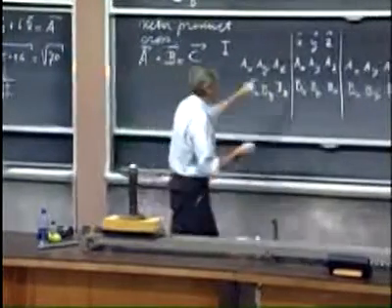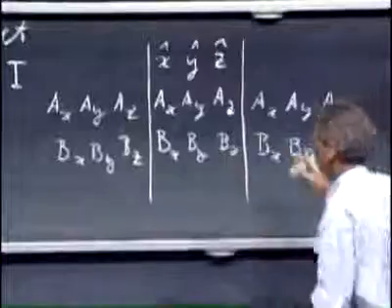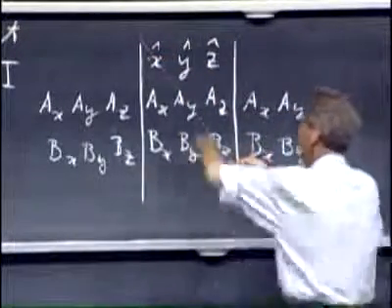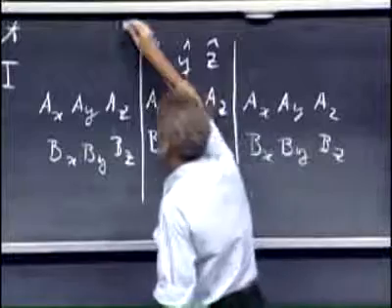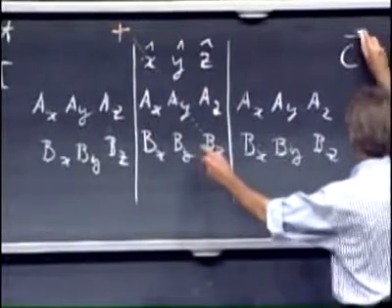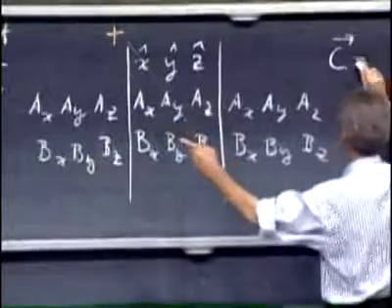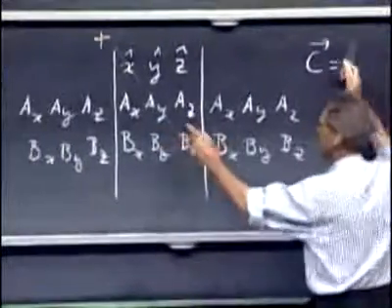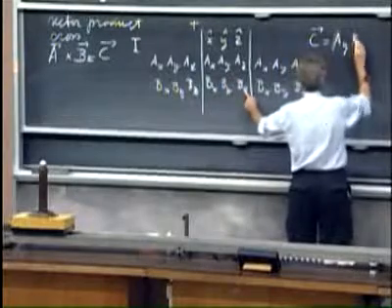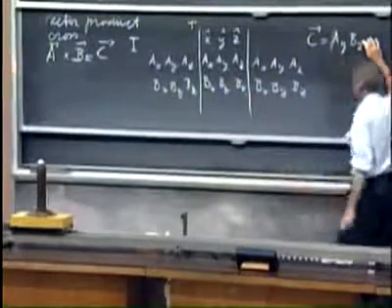You go from the upper left-hand corner in this direction. You multiply all 3, and that's a plus sign. So you get C, which is the A cross B, equals AY times BZ times the X roof.